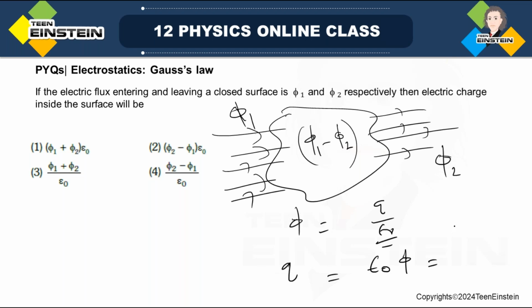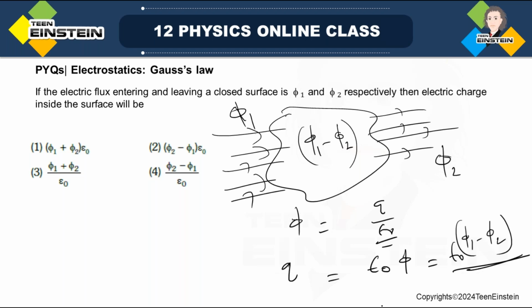Epsilon naught into phi, so this phi is actually here phi1 minus phi2 into epsilon naught.